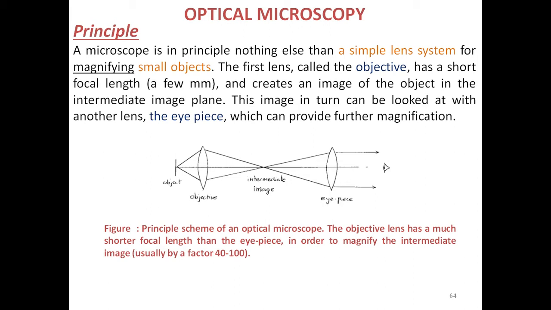This image in turn can be looked at through another lens, that is the eyepiece, which provides further magnification. Here we are showing you a principal scheme of an optical microscope. The objective lens has a much shorter focal length than the eyepiece in order to magnify the intermediate image, usually by a factor of 40 to 100.